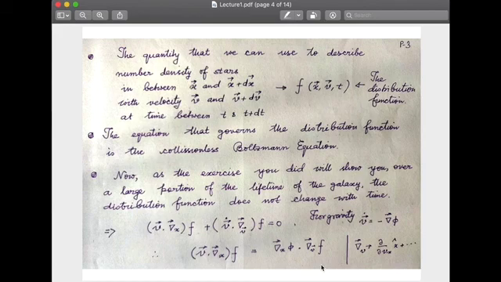Similarly, gradient of v is nothing but del del v x cap, etc. So this can operate on f because f is a function of the v vector, that's the vx, vy, and vz components of the vector. So this is the equation. Given the potential, it will tell me what is the steady state distribution function. And that steady state distribution function has the information about the steady state behavior of the galaxy.